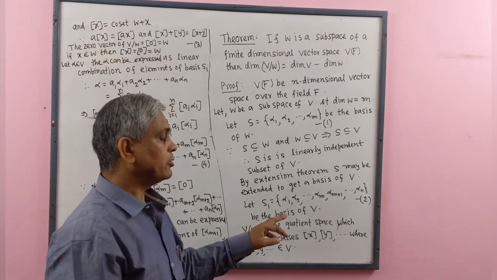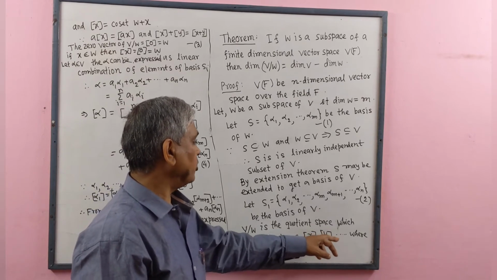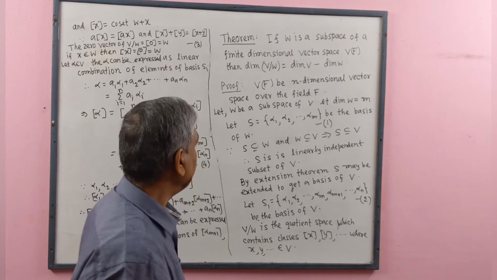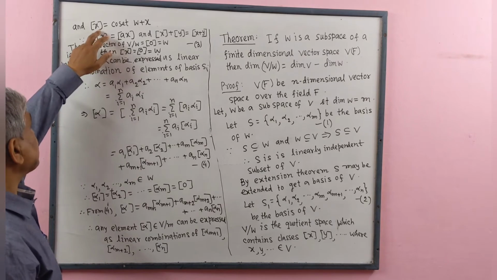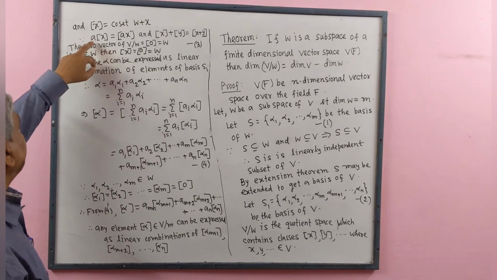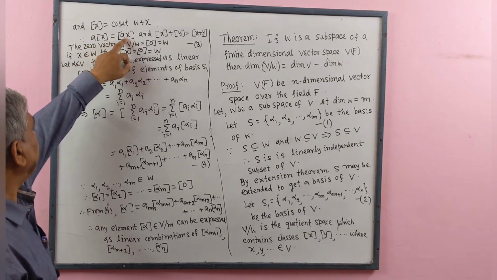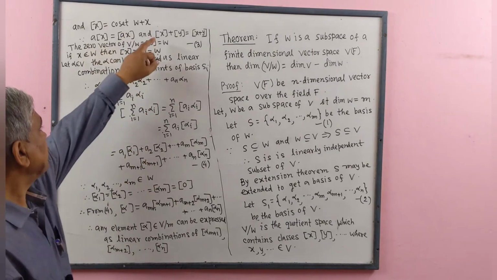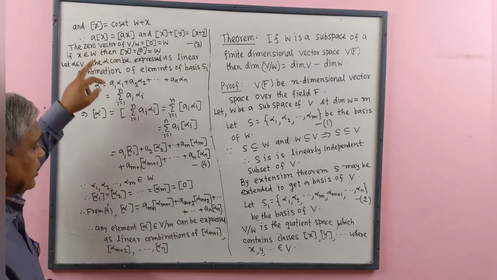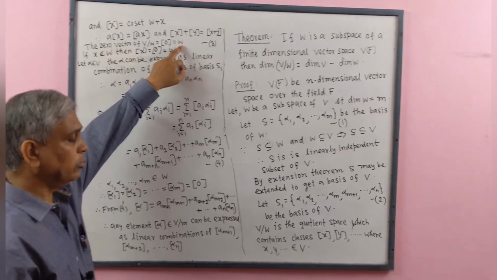V by W is the quotient space which contains the classes x, y, and so on, where x, y are all elements of vector space V, and class X means W plus X. We know that A times class X equal to class AX, and class X plus class Y equal to class X plus Y. The zero vector of V by W is the zero class, that is equal to W itself.